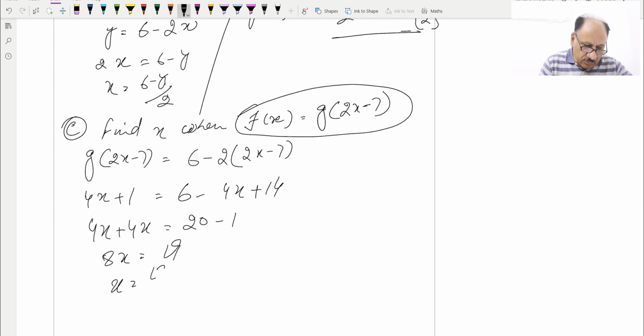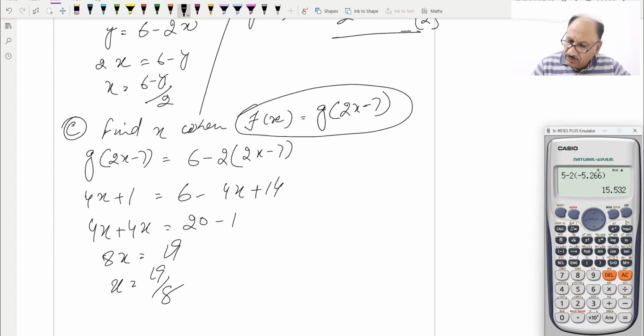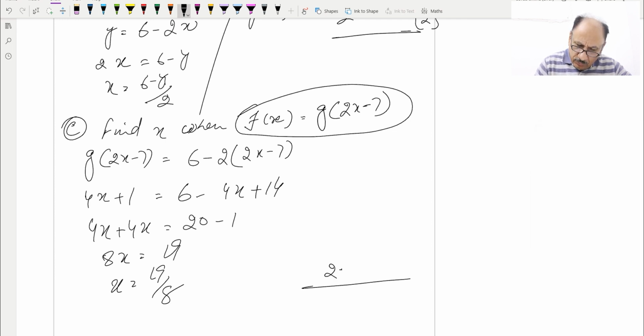So x is equal to 19 by 8, which as a decimal value we can write as 2.375. So 2.375 will be the x value, and this is the 4 marks part which we have done.